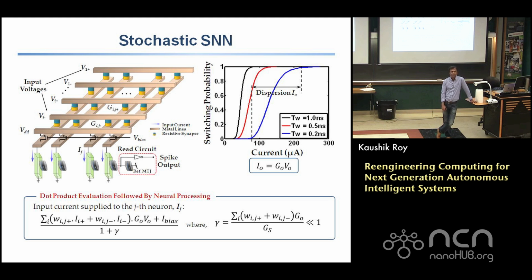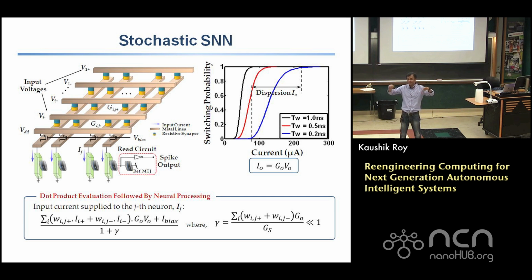In fact, I can potentially think of having each of those devices be stochastic in nature, so that every device has a stochastic switching behavior. Think about it. I have all these random devices. Random meaning it's not quite random.